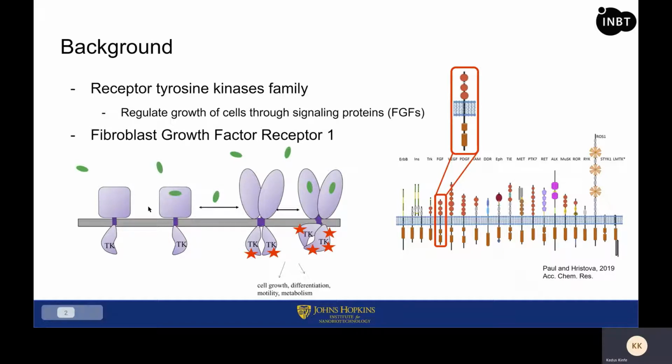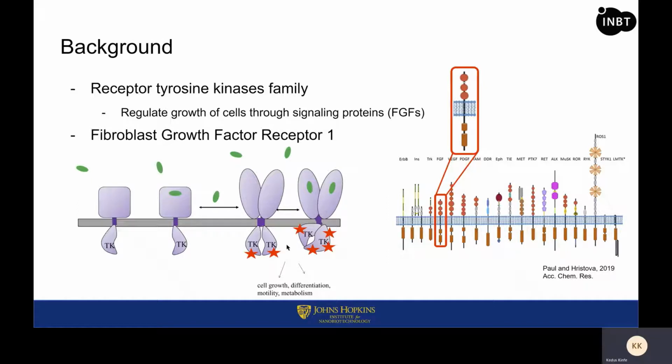So to do this, RTKs interact laterally along the membrane. So when they come together, they form the structure something along here, where the tyrosine kinase being in the intracellular membrane, and they kind of phosphorylate each other in this case.